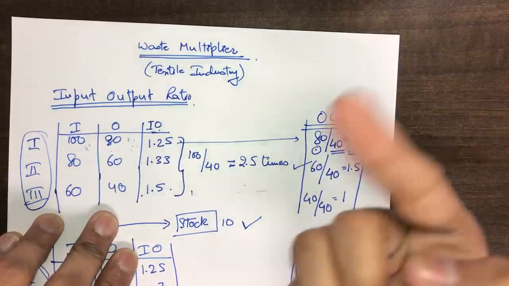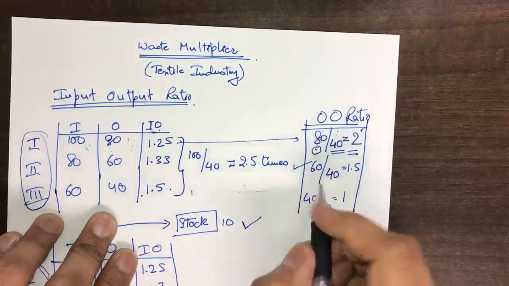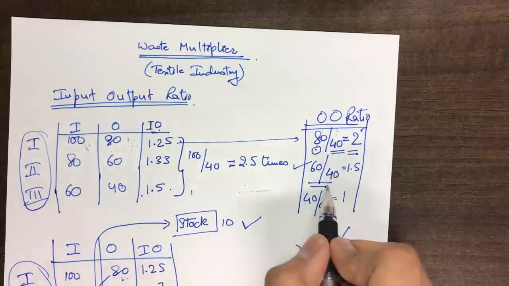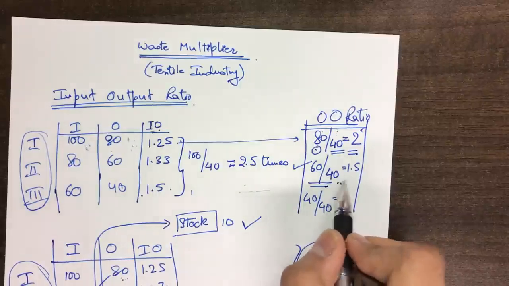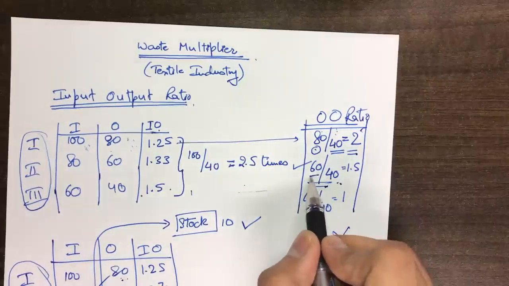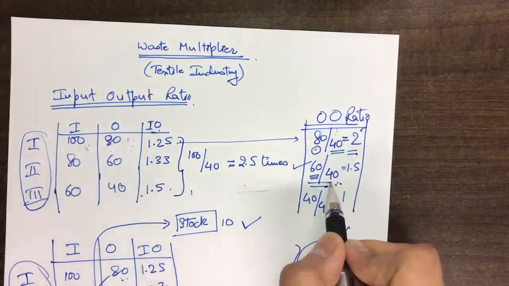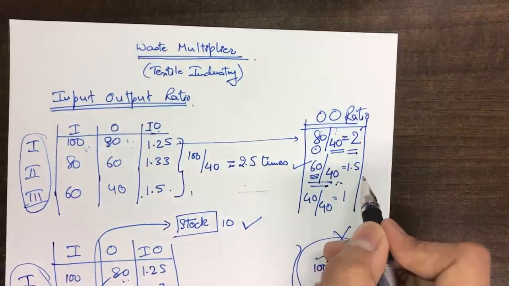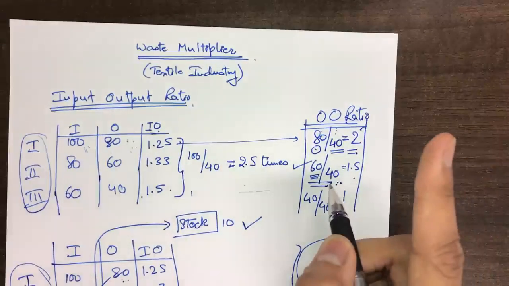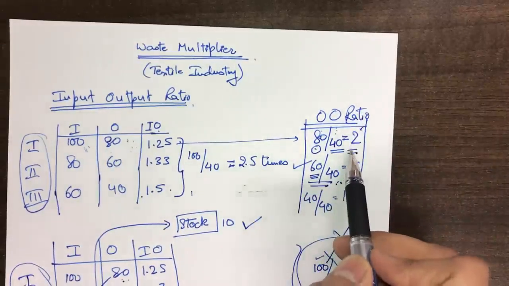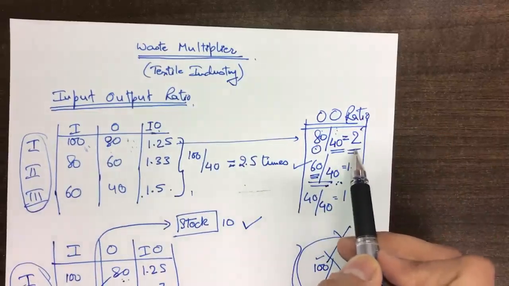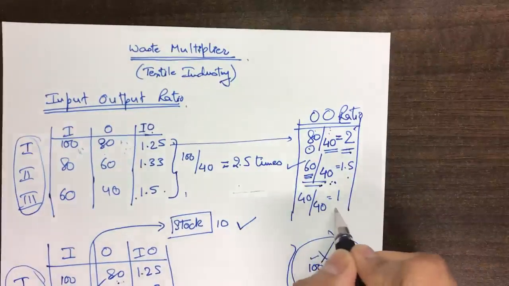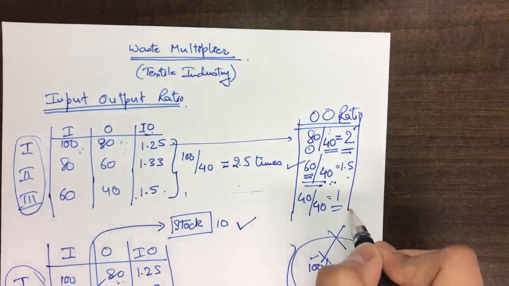Last output means output from the third process or the last process. We need 60 units of output in the second process to get 40 units of output in the last process. So we need 1.5 output from the second process to get 1 output of the third process. We need 2 output from the first process to get 1 output from the third process. And of course, in the third process, it will always remain 1 because output remains the same.